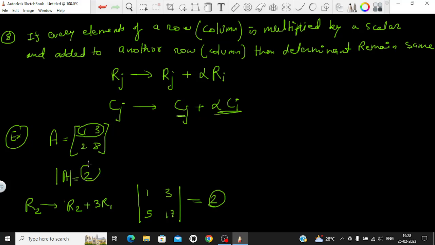So see, these 2 and these 2 are equal, means this operation does not affect the determinant value.